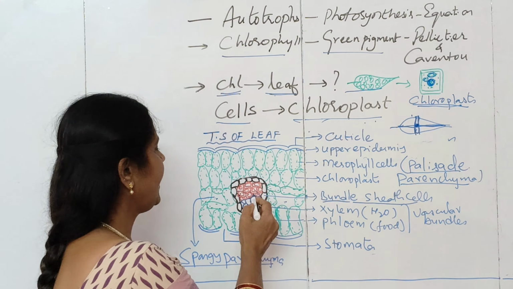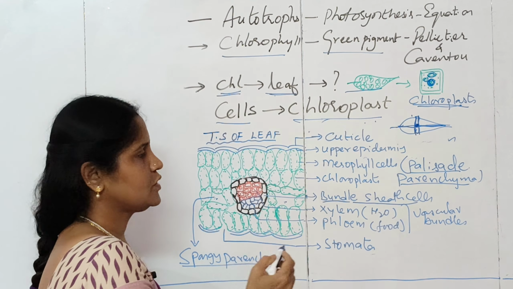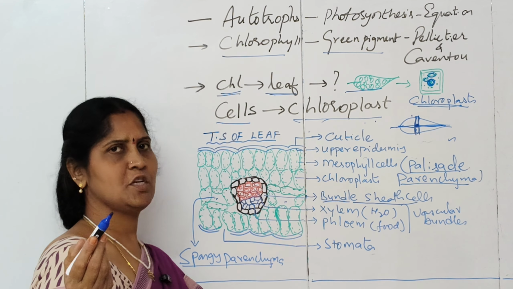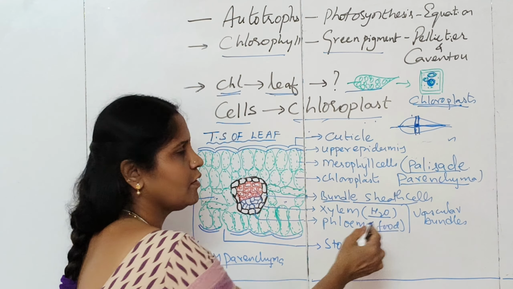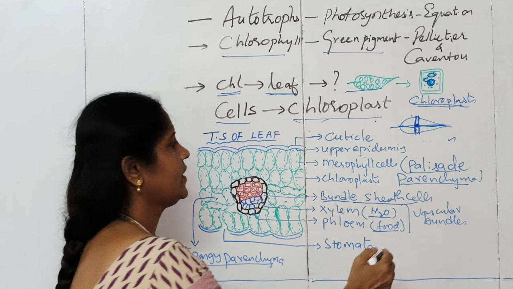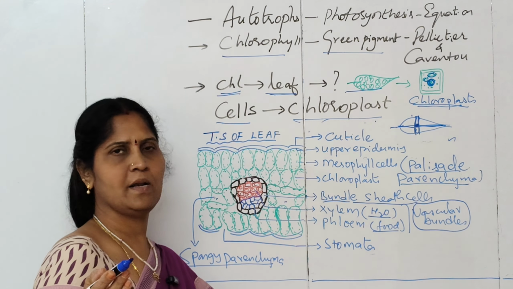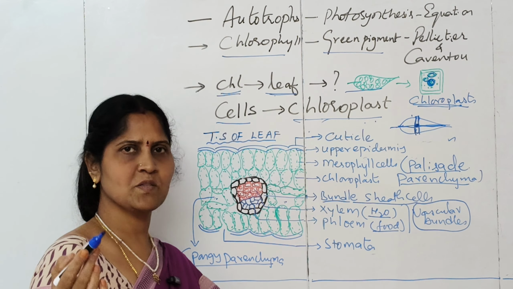Then we have the vascular bundles, that is, xylem and phloem. Children, if you remember from your 9th class, xylem is the tissue which helps in transport of water. Phloem helps in transport of food. These two together are called the vascular bundles of the plant. Whatever tissues are involved in transportation are called vascular tissues.